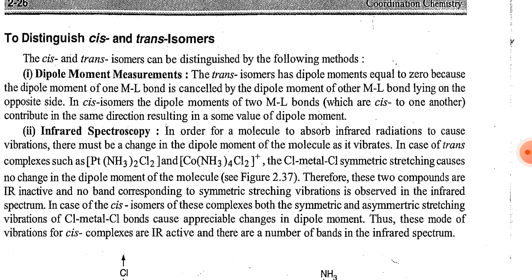So there is an enhancement of the dipole moment. The value is enhanced because it is going in the same direction. And why is it going in the same direction? Because both ligands are close to each other, and that's why the cis form shows a dipole moment, but the trans isomer doesn't. The dipole moment of the trans isomer is 0 only.